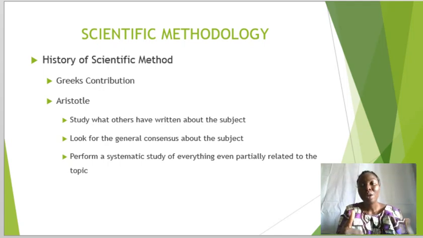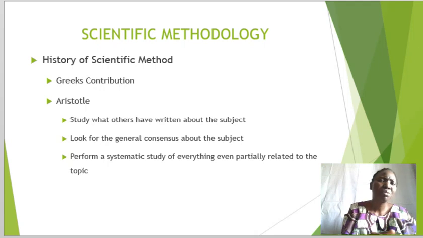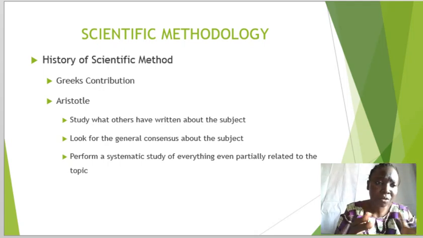Then we'll look at where is the scientific method in our current dispensation. Then we'll look at steps involved in scientific method. What is history? History of philosophy of scientific method.